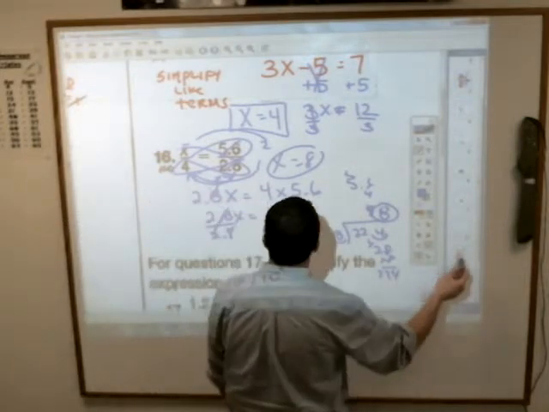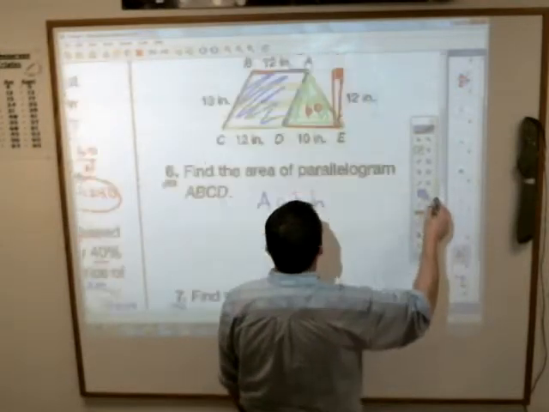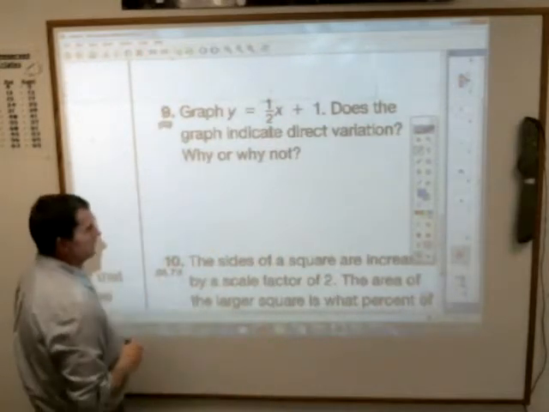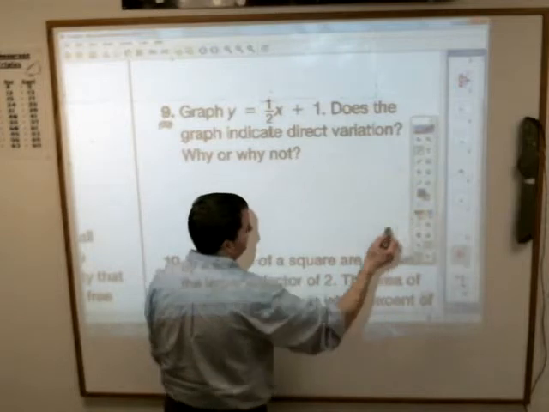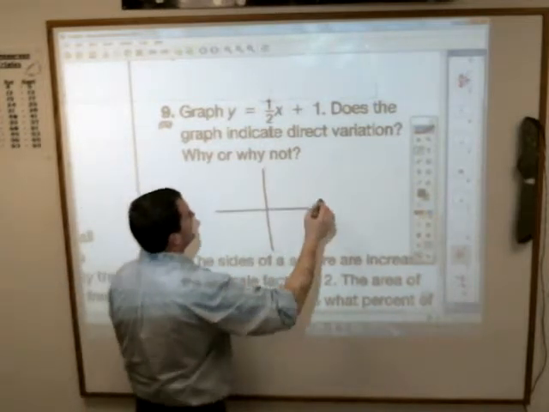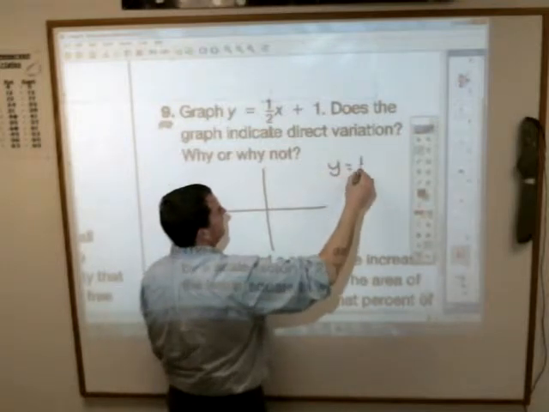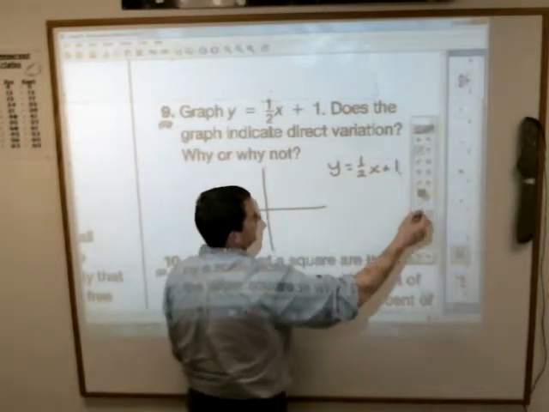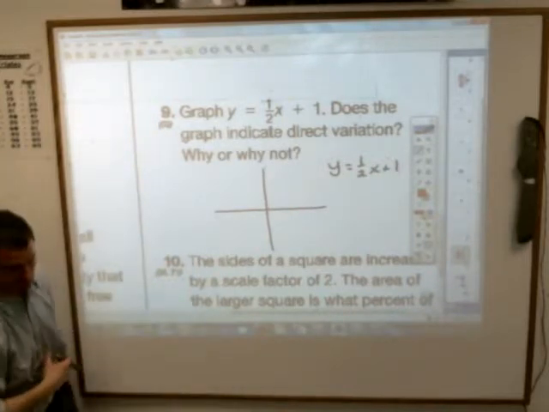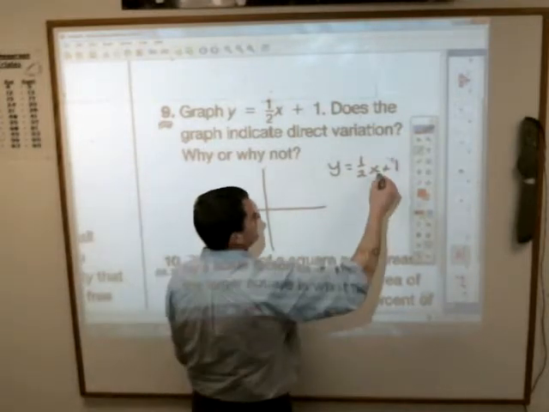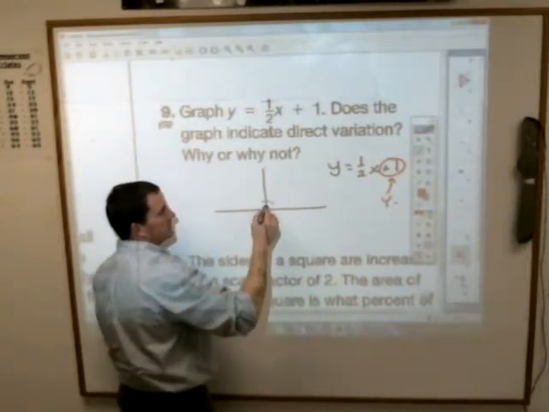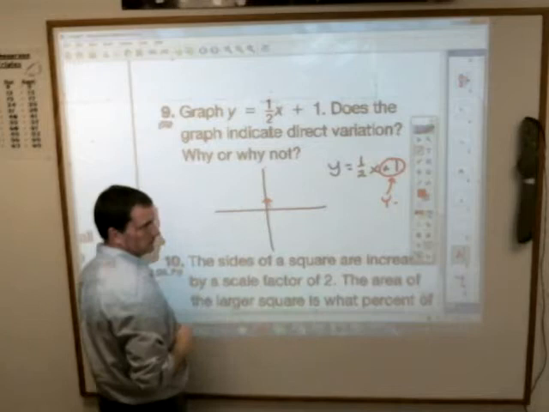All right, there's a new one. Perfect. And again, you've got graph paper for this one. How do you graph y equals 1/2 x plus 1? You have stuff on your notes. The first thing you look for is the y-intercept, which is where it crosses the y-axis, so you put a dot there.